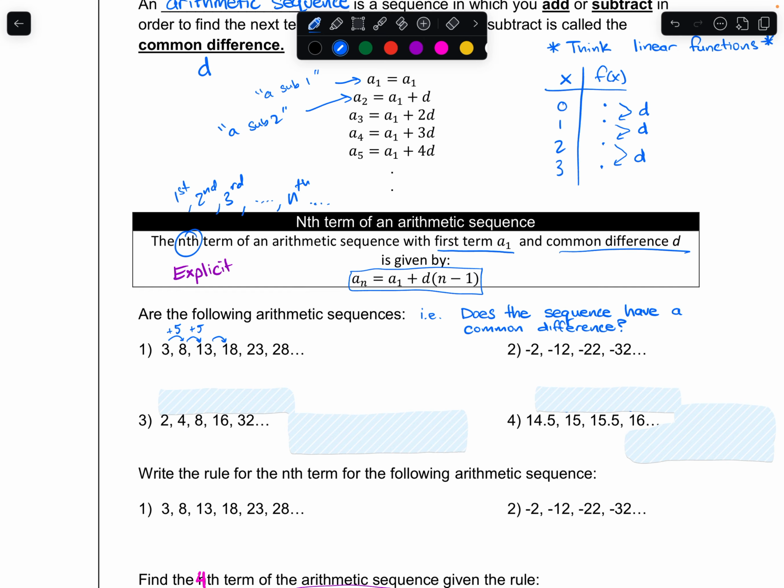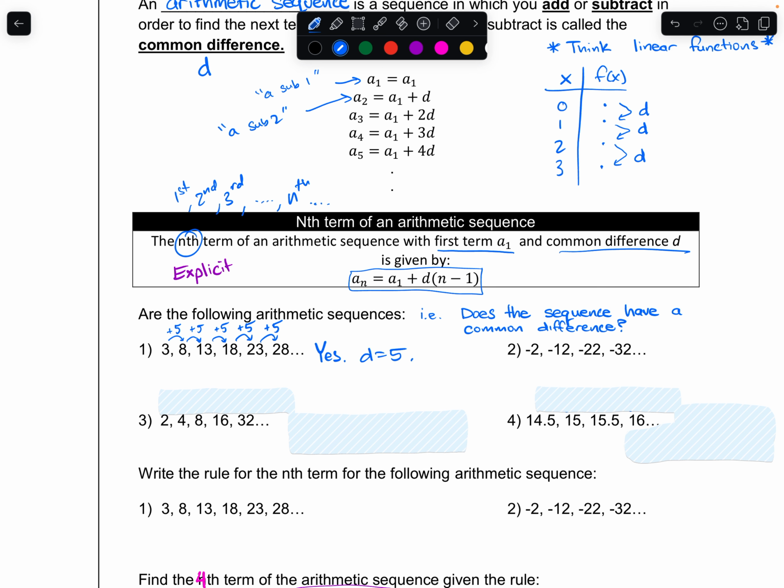To get from 13 to 18, I'm adding 5 again. This 5 is showing up a lot. It's common to whatever consecutive terms I pick in the sequence. I'm adding 5 every single time. There is a common difference, so we can say yes, the sequence is arithmetic because the common difference is 5.